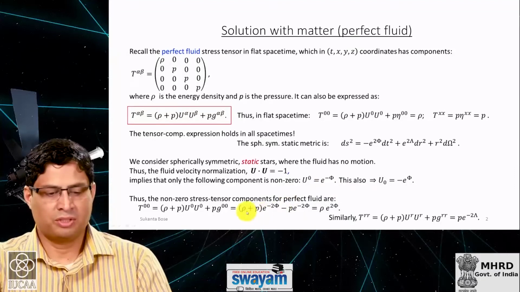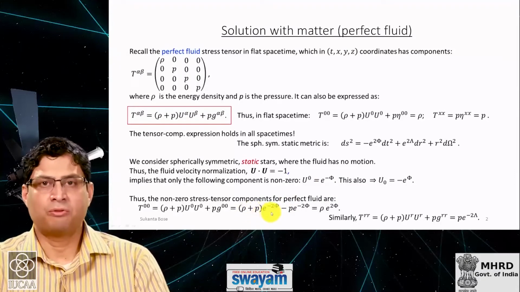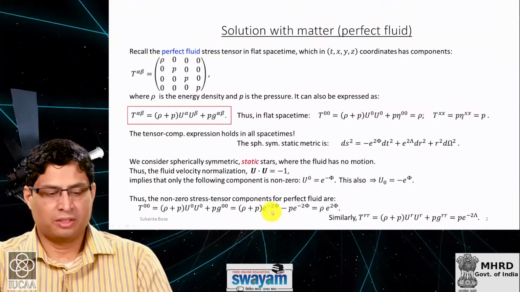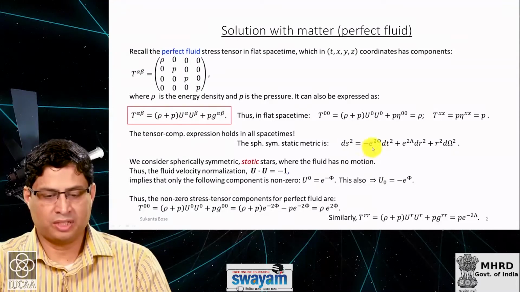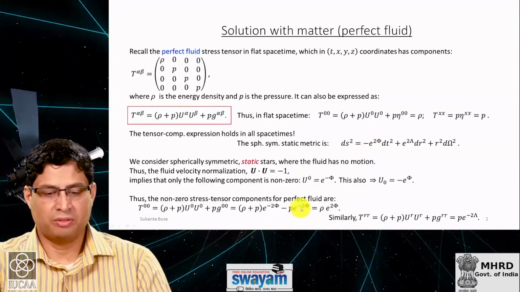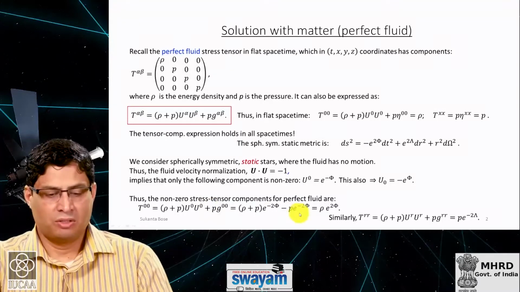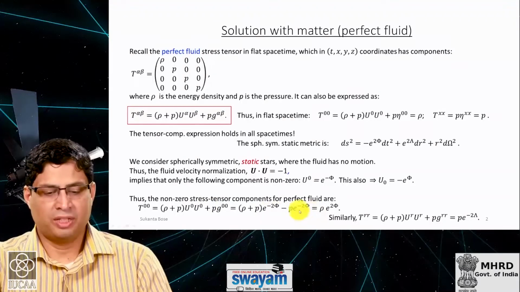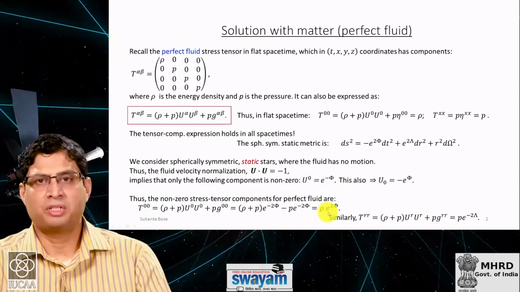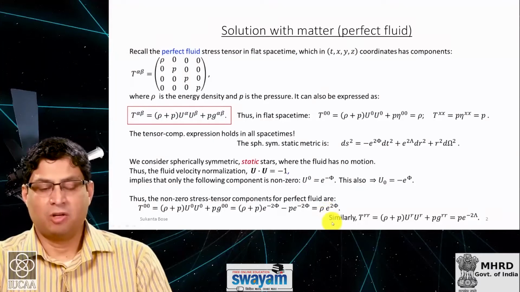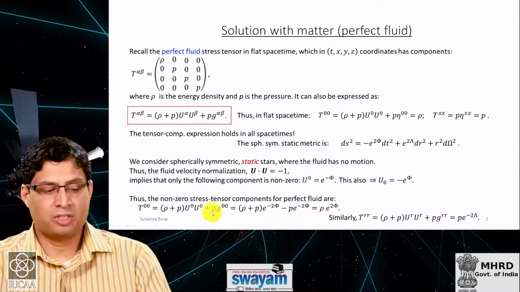So, the first term here is just (rho plus p) times e to the -2 phi, and g^00 for us is the inverse of this object, so that is simply negative e to the -2 phi. P is then just a spectator. So, if you combine them, you find that the p terms cancel off, leaving you with rho times e to the -2 phi.